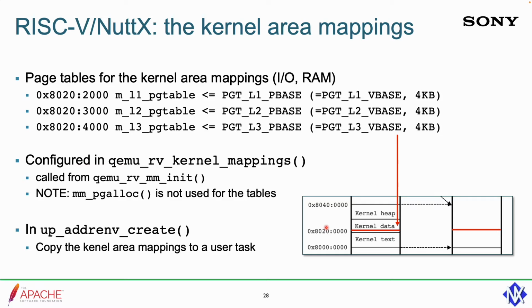The tables are configured in QEMU rv kernel mapping in initialization. Because the tables are statically allocated, mm_pgalloc is not used for the table. And when creating a user task, copy this kernel mapping to the user task in up_addrenv_create.